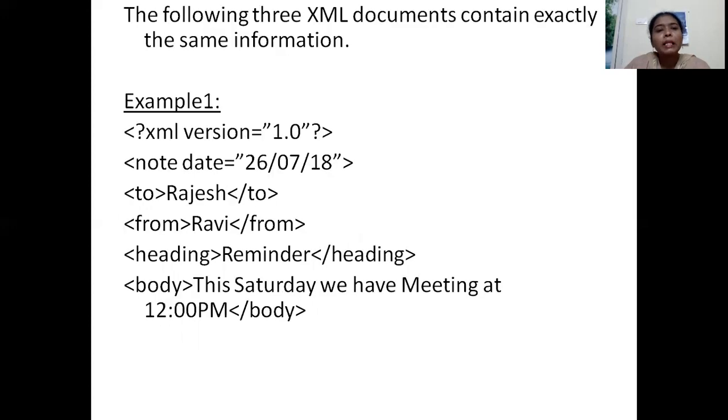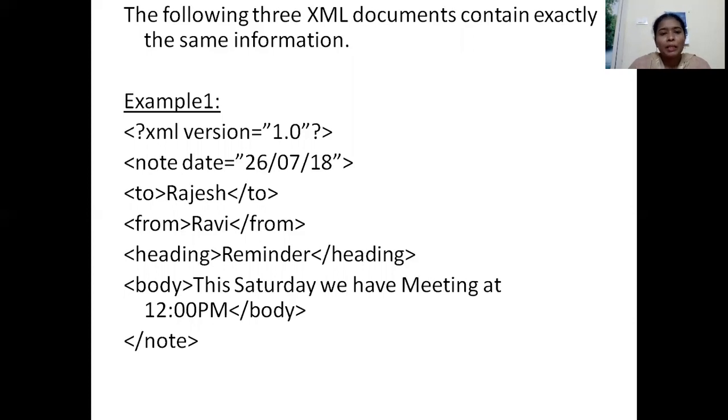If I go to the next slide, this is another example. It shows that the version is 1.0 for the XML statement, and here note is a root element which has an attribute called date, which holds a date value, and the child elements are to, from, heading and body.